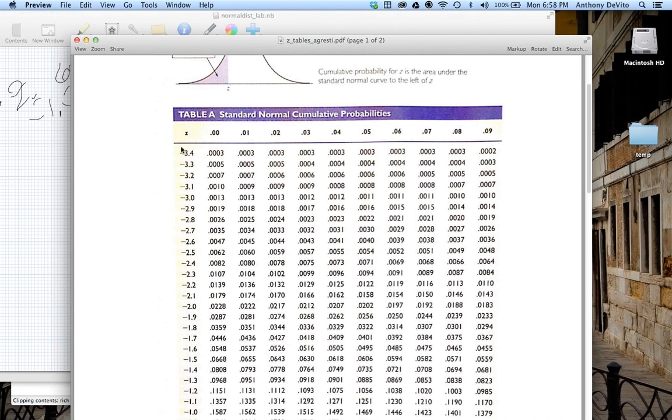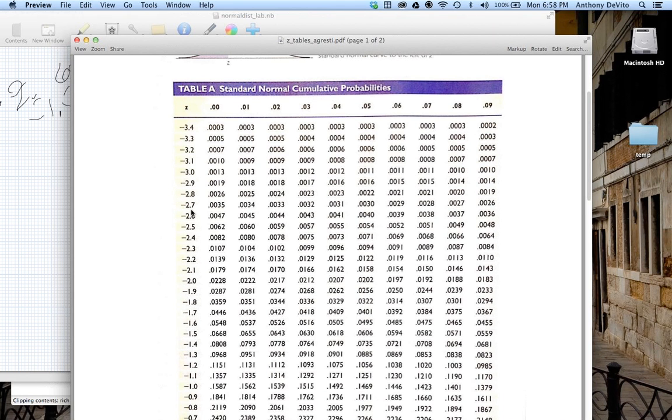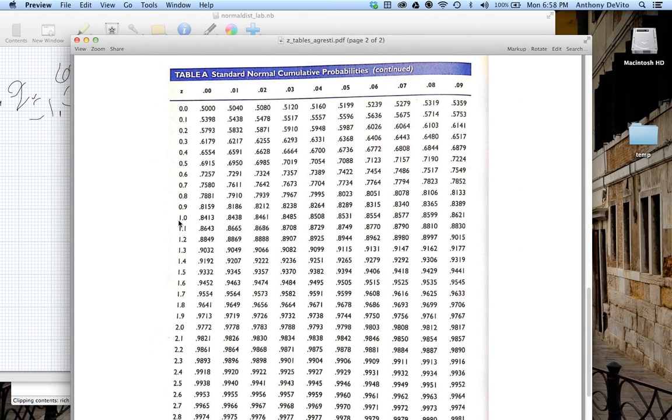Okay, so if we look at this, the first column represents the z-score. So in other words, if I look on the second page, this is a z-score of 1.0. This is a z-score of 1.5. Well, it's not very precise. Maybe we want to know to another digit. So in order to save space and have just a couple of tables to give us all these values and give us another digit, what they do is they list the third digit in these columns.